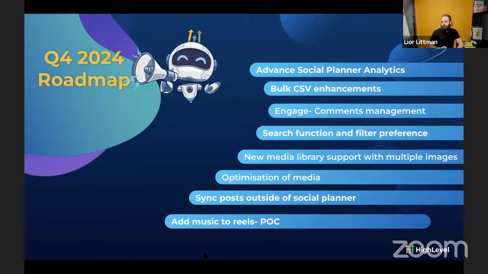Gotcha. Last thing is, when we schedule posts, and it's a bit of a combination of this and automations, we have the trigger word automations. Being able to schedule a post and then find it in the automations trigger to have an automation linked to it, because right now we're scheduling a post and we need to wait until it's posted and then link the trigger word automation to that specific post.